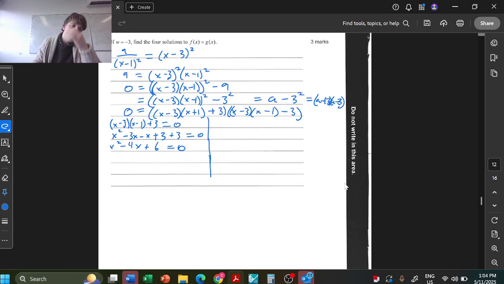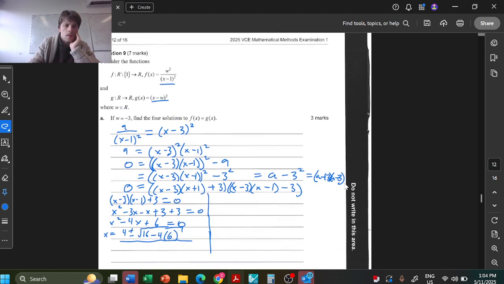Yeah, okay. So we need to solve this quadratic equation here. So we can use the quadratic formula. So we can see that x is going to be equal to negative b. So that is 4 plus or minus the square root of b squared. So that's 16 minus 4ac, which is 6. Now is that right? What was this again?